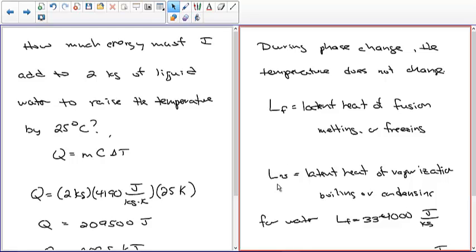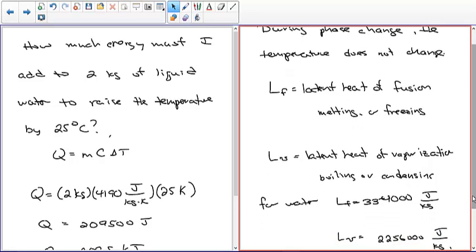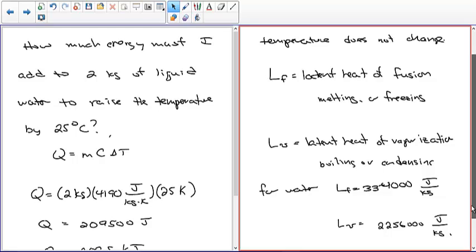And then you have L sub V, that's the latent heat of vaporization. So again, if you're adding energy, you're boiling. If you're taking energy away, you're condensing. And for water, these are pretty big numbers. The latent heat of fusion is 334,000 joules per kilogram. And the latent heat of vaporization is 225,600 joules.